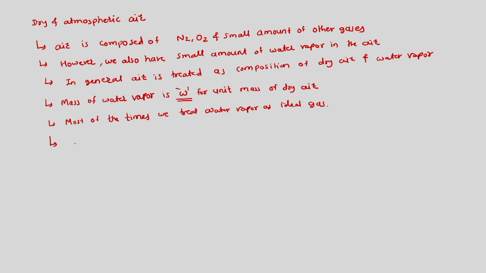And then by Dalton's law, we know the total pressure of the mixture is equal to the partial pressure of dry air plus the partial pressure of water vapor. So this is the mixture's total pressure. Here we have water vapor at a partial pressure of PV, and we are considering it as an ideal gas at that PV pressure.